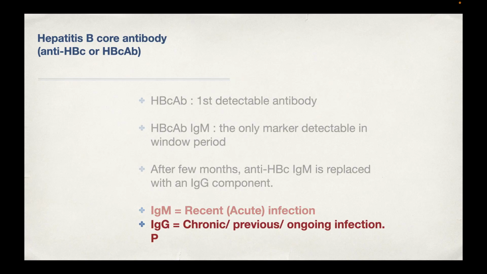And anytime you have hepatitis B core antibody to immunoglobulin G, it means you have a chronic infection, a previous infection, or an ongoing infection. And so once the immunoglobulin G to hepatitis B core antibody presents in the blood, it persists for life. And so it serves as an antibody that protects you from the infection.